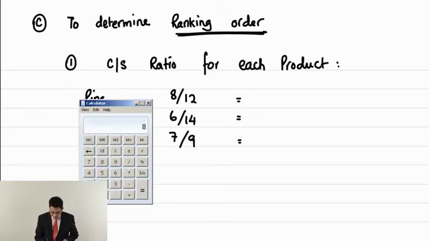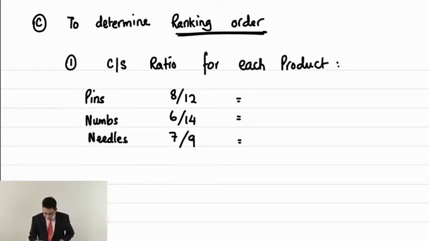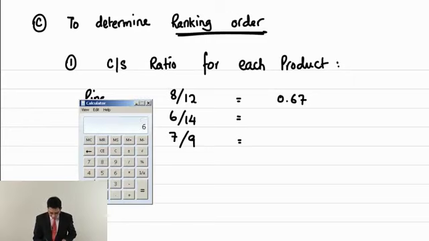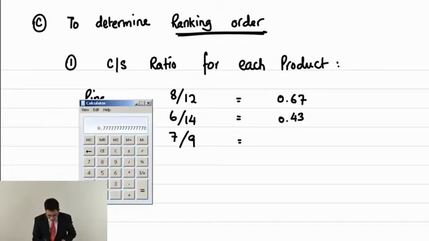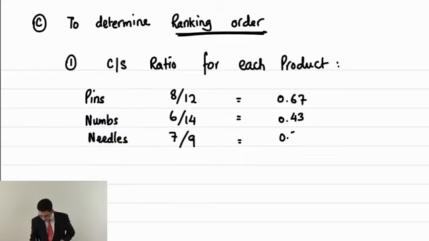So for pins, 8 over 12, which is approximately 0.67, okay, rounded off. Second one is 6 over 14, which is 0.43 approximately, and then 7 over 9 for the third, 0.78 approximately.